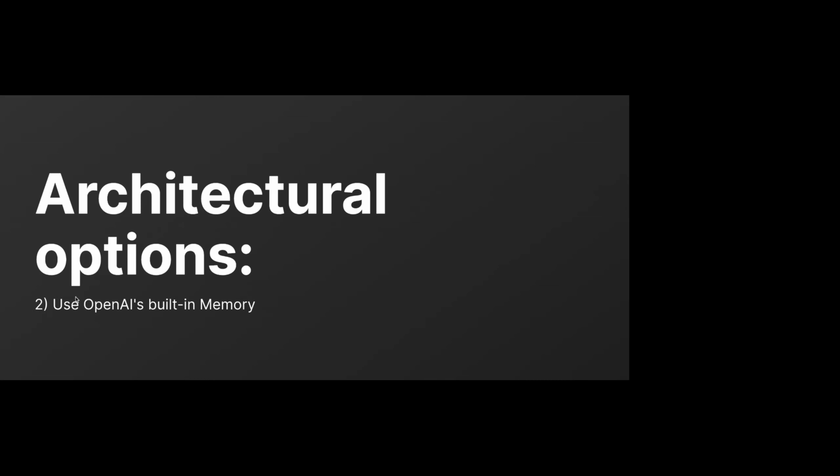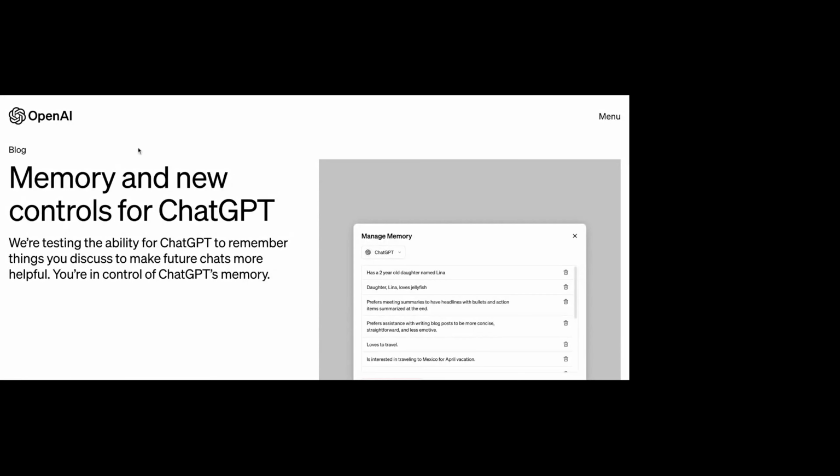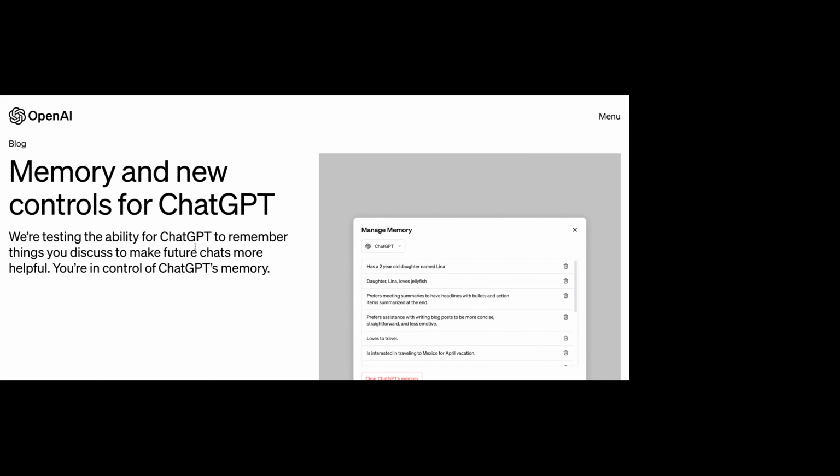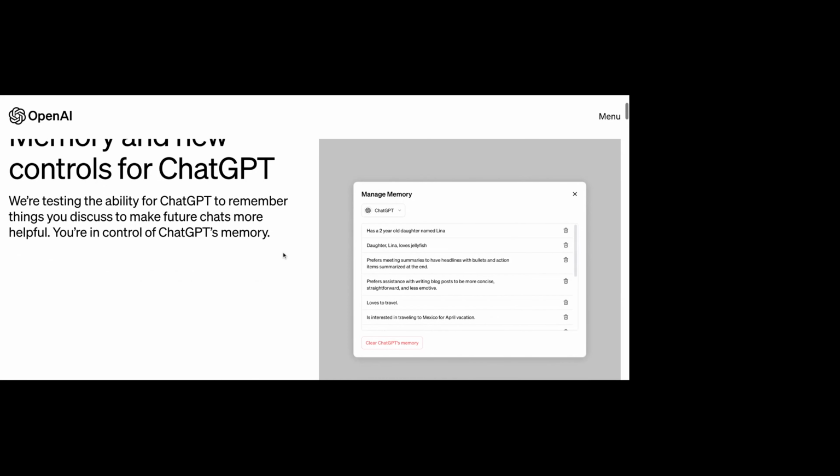An alternative architectural option is to use a built-in memory feature. This is something that OpenAI released in a blog post 5 days ago. The blog post about memory and new controls for ChatGPT, in which they're testing the ability for ChatGPT to remember more things that you've discussed.